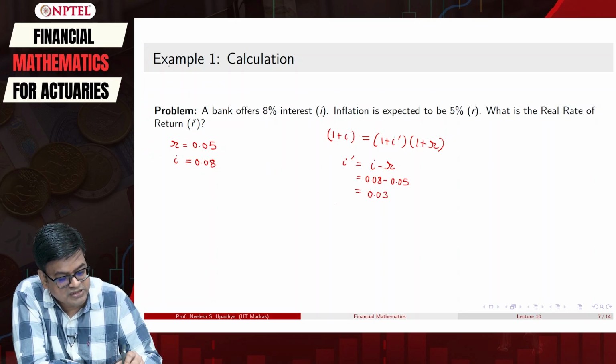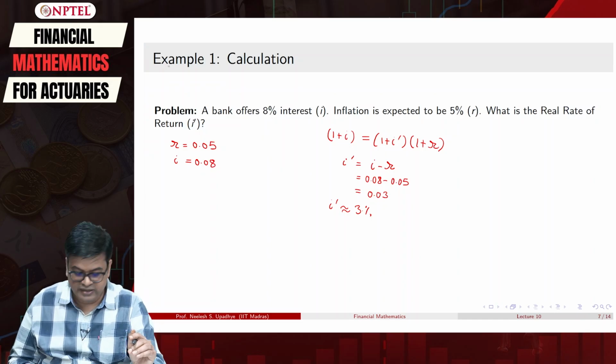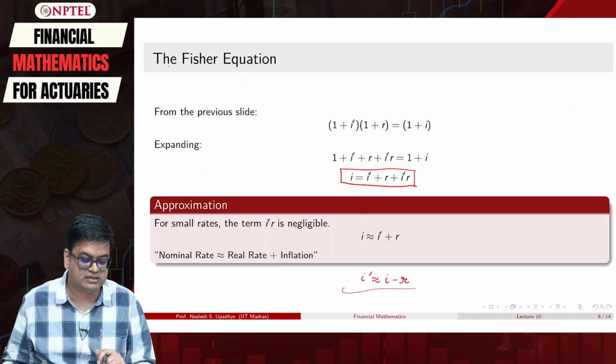That means my I' is approximately equal to 3%. This is the approximation rule that we mentioned on the last slide.